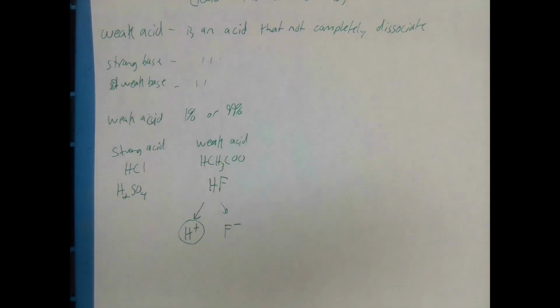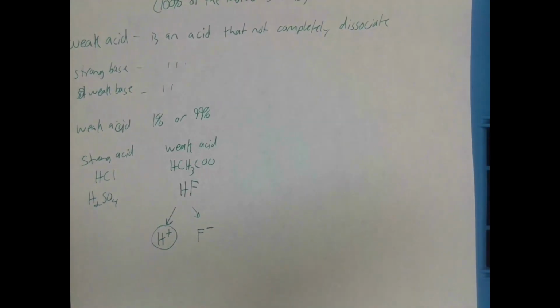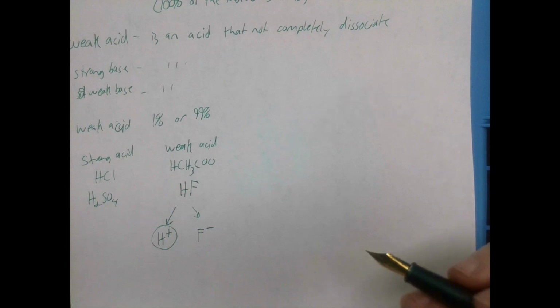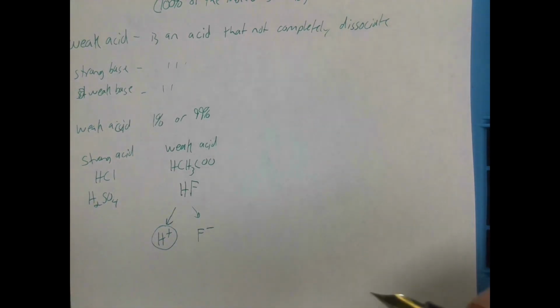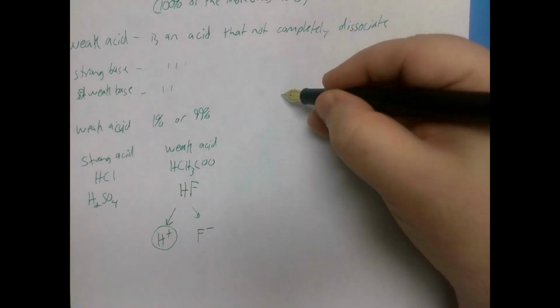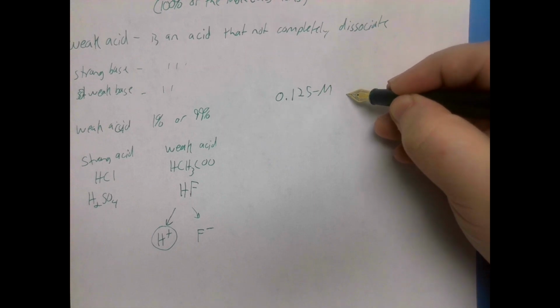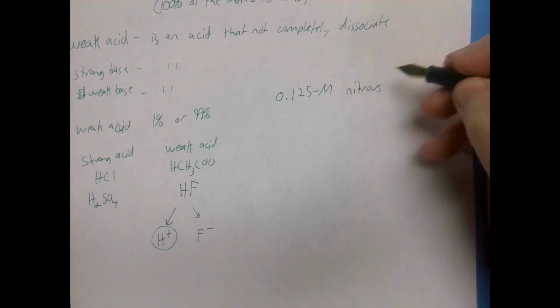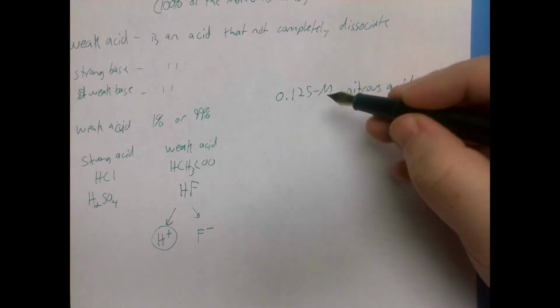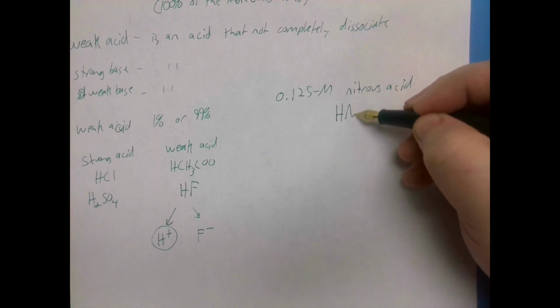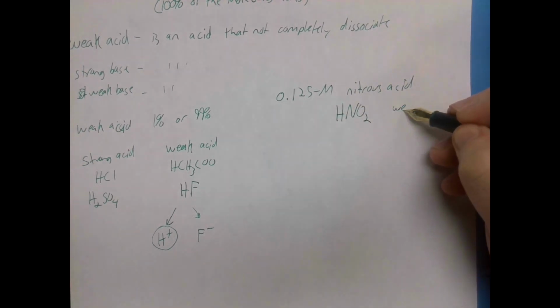So just because it's a weak acid doesn't mean it's not very strong, or I should say not very powerful. An example is 1.125 molar nitrous acid. Its formula is HNO2. This is a weak acid.